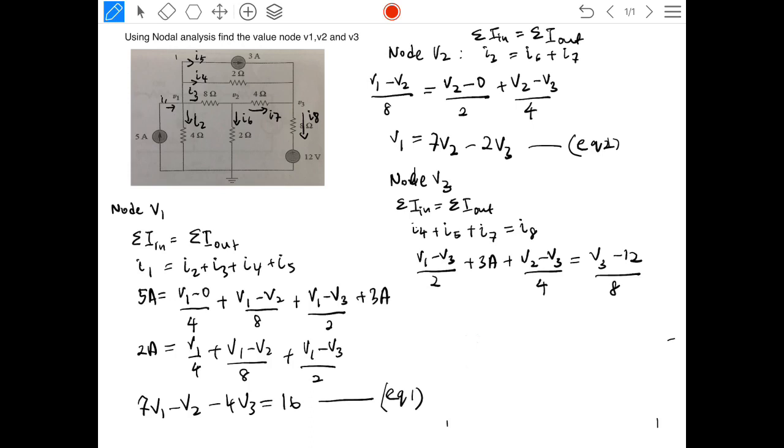Completing this node V3 equation, we can rewrite it as 4V1 plus 2V2 minus 7V3 equal to negative 36 volt.